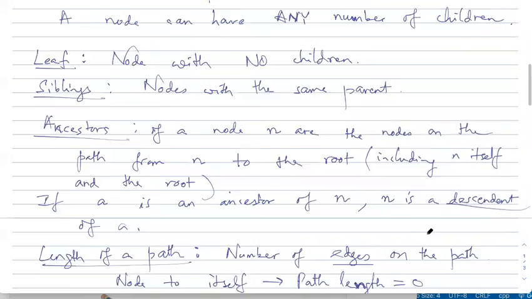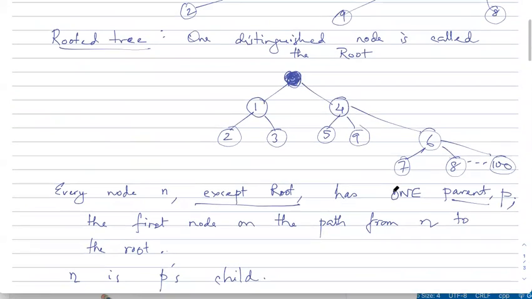So for example, if you pick the root node and 9, what would be the length of the path? Root node and 9. 2. Yes. So you just count the number of edges.